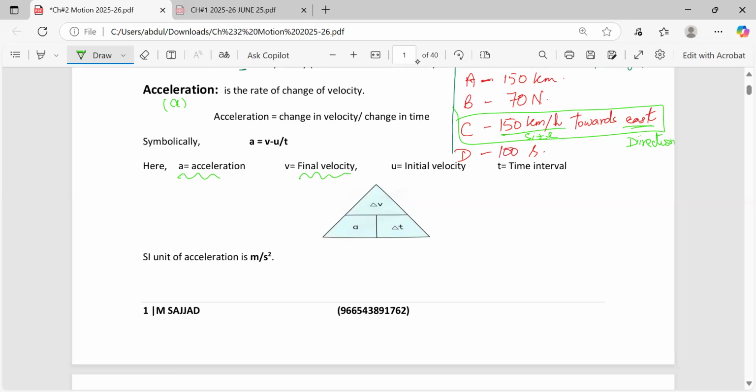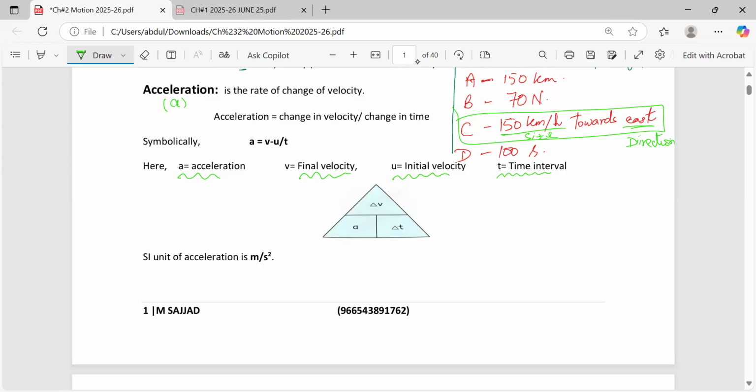U is the initial velocity. And T is the time interval.